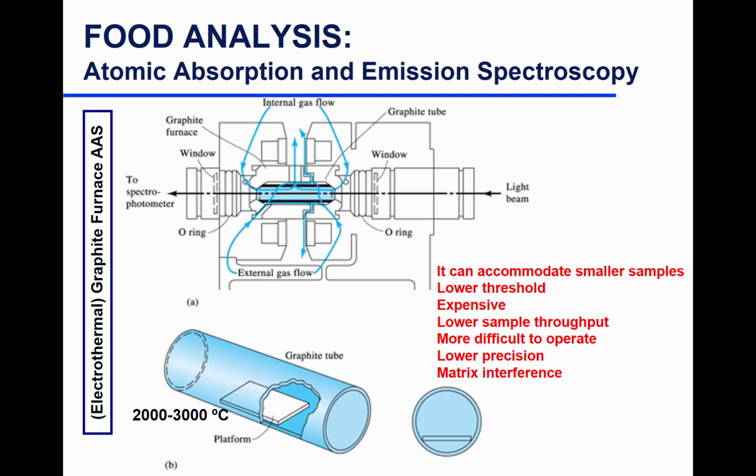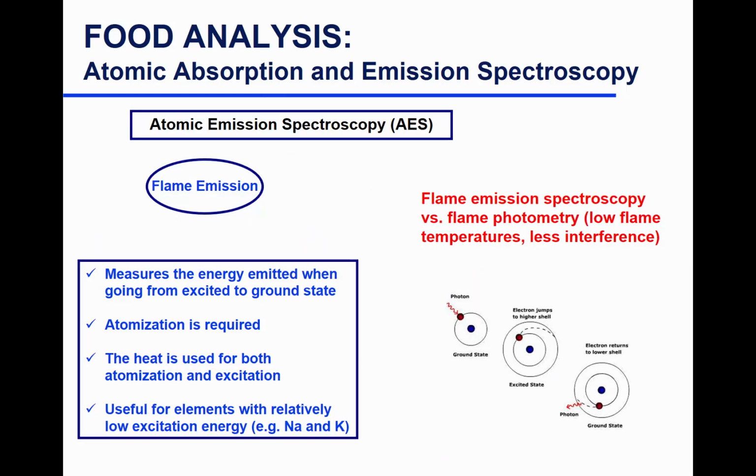Between every sample there is time needed to make sure that you don't burn yourself when you're putting a sample on. I never personally worked with it, but you obviously need to have it cool before you put a sample in. So that makes it more difficult to operate, and sometimes there is lower precision and matrix interference.